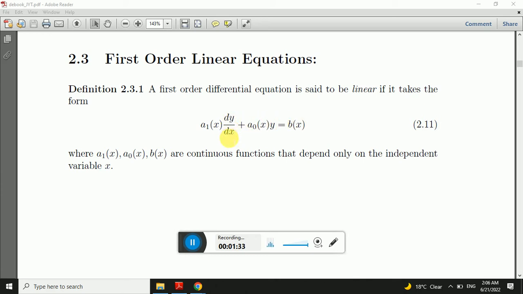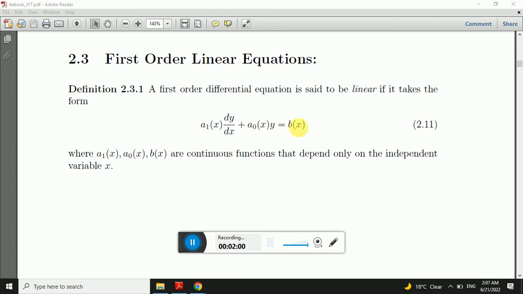So you have dy dx with coefficient of x, or this can be as well a constant. The a1 and the a0 can be constants or functions of x. If they are functions of y, I mean the a1 and the a0, then that differential equation is not linear.